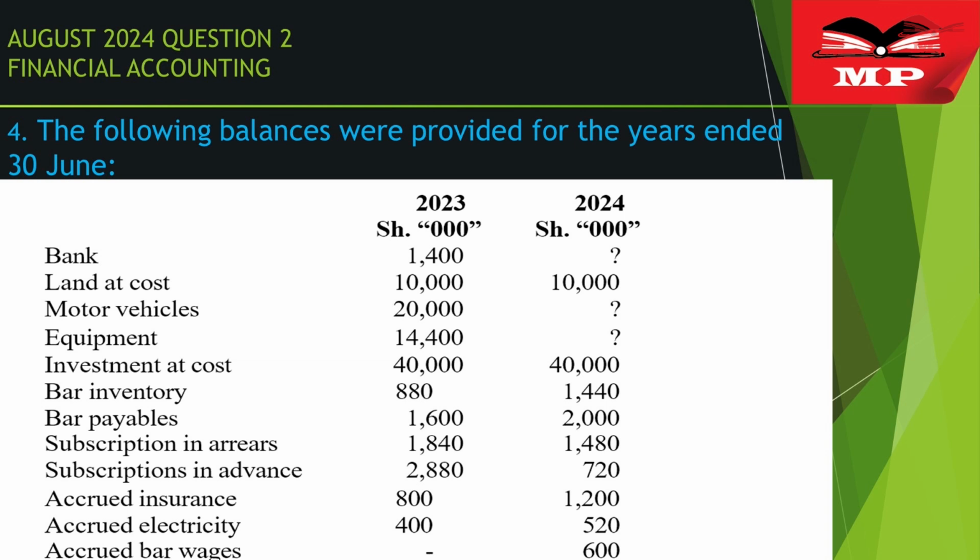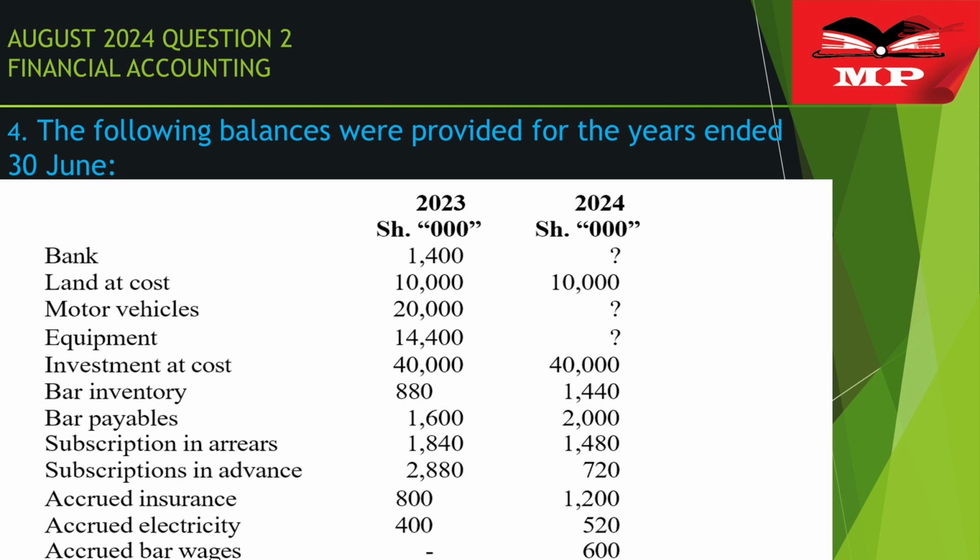This is an income account. It is a revenue account. And it has arrears at the beginning, arrears at the end. Do you see that? Then you have subscriptions in advance at the beginning and at the end.